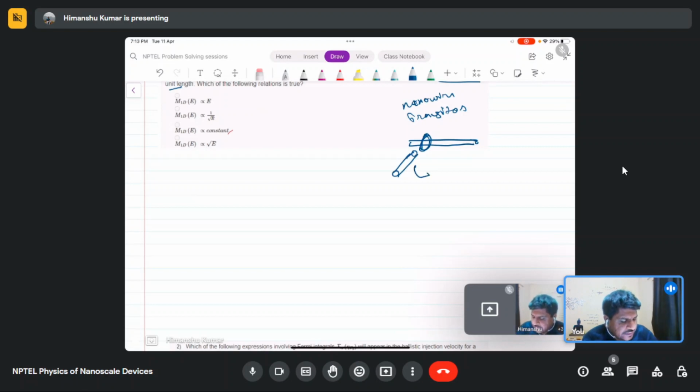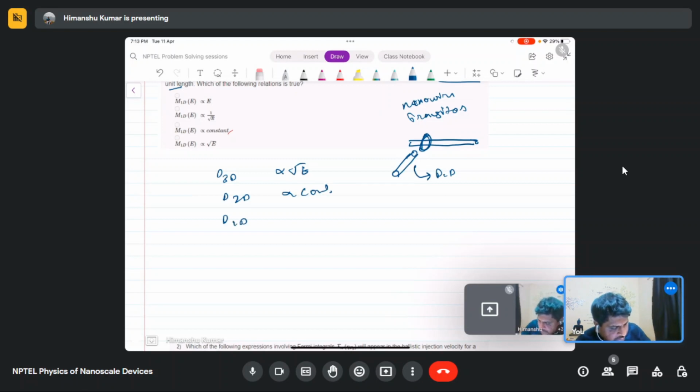If you calculate the 1D density of states for these transistors: for 3D the density of states is proportional to square root of E, for 2D the density of states is constant, and for 1D the density of states is proportional to square root of 1 by E.